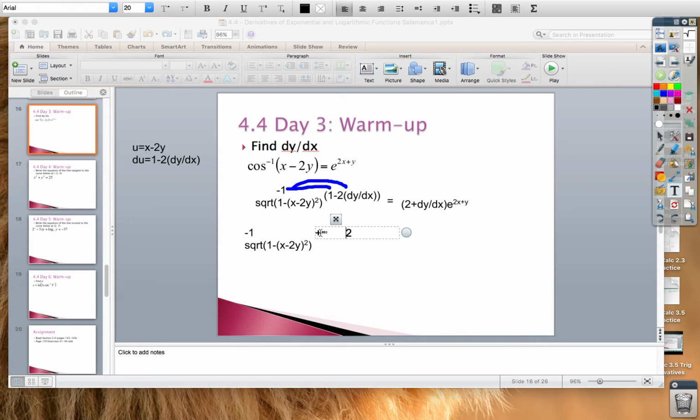Remember, negative 1 times negative 2 is 2, times the square root of 1 minus x minus 2y quantity squared, times dy/dx equals, and I'm going to distribute this side too, 2e to the 2x plus y plus e to the 2x plus y dy/dx.